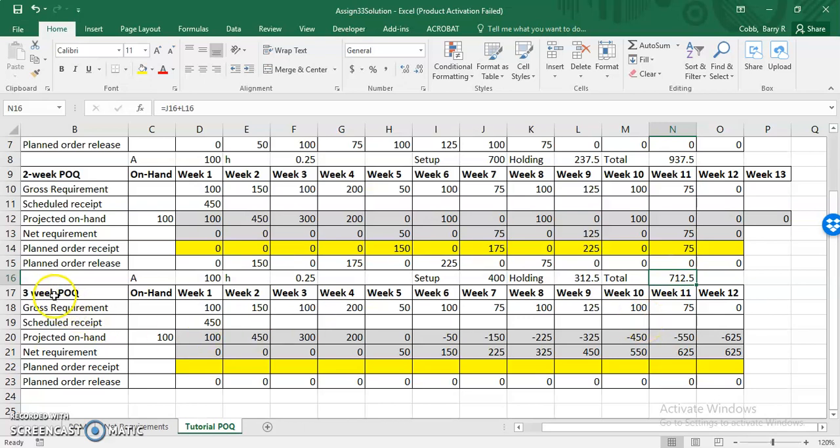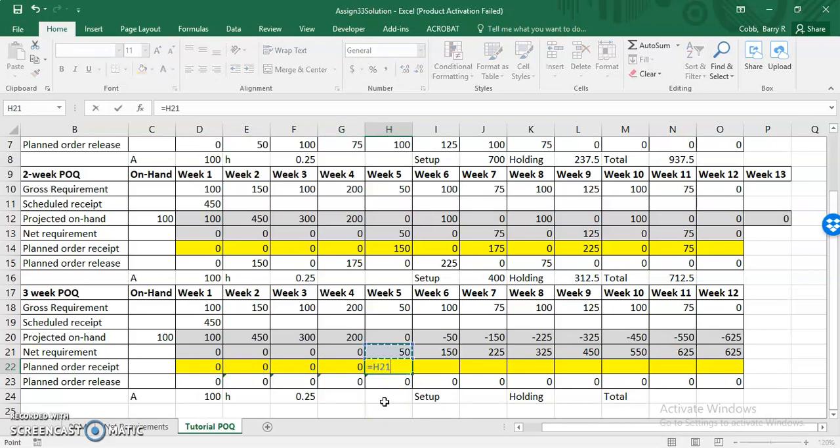All right, so let's try 3-week POQ. I'll put my cost in the template. All right, so we wait till we find a positive net requirement. This is a 3-week model.